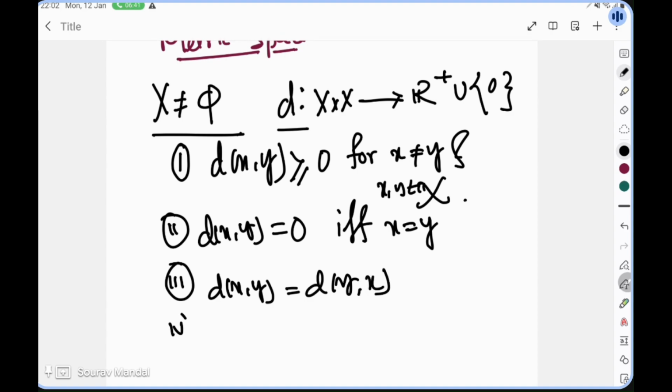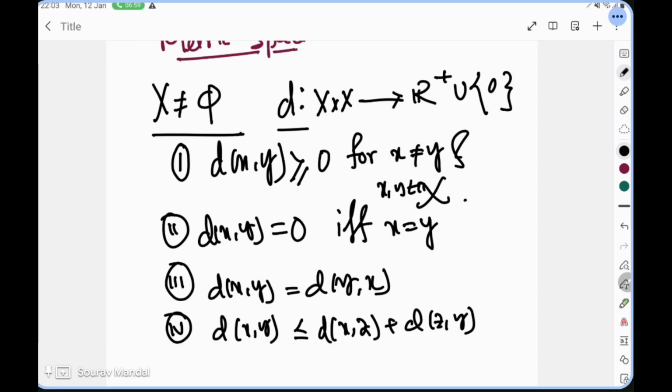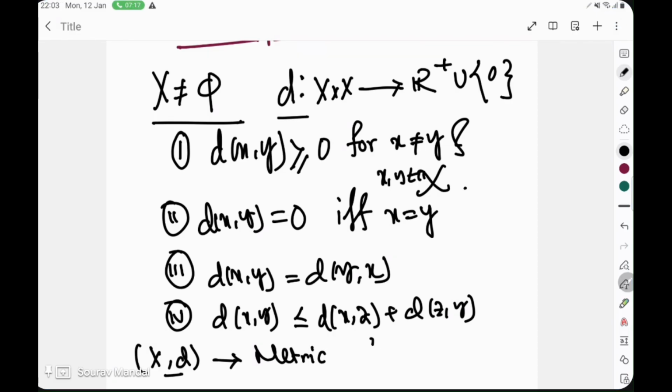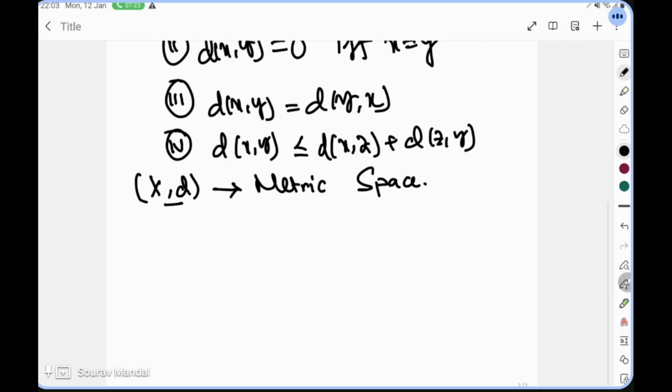And the last one is the triangle inequality: if you consider some other point z, then d(x,y) is always less than or equal to d(x,z) plus d(z,y). If d satisfies these four conditions, then it is called a metric. And X along with this metric d is called a metric space.